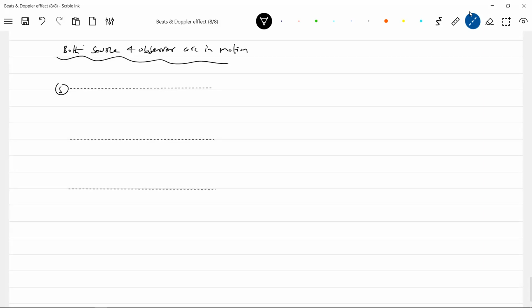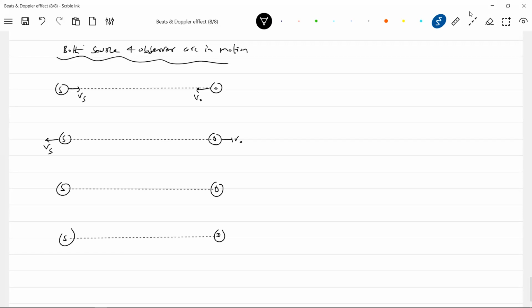Let me put all the cases here only. Source. This will be an observer or detector. First case, source and observer are moving towards each other. Next, they are moving away from each other.